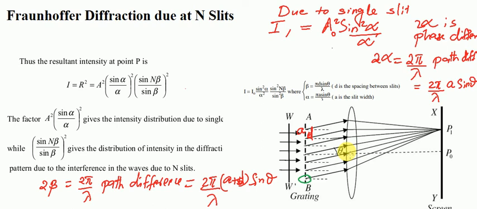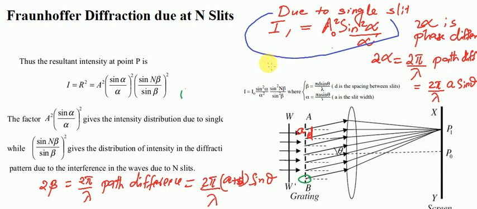Now you can see the expression for intensity due to a single slit. The intensity due to a single slit, which I have marked as I1, is equal to the square of the amplitude. The amplitude is a sin alpha by alpha.